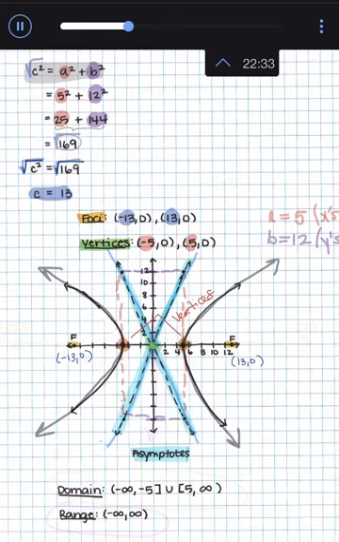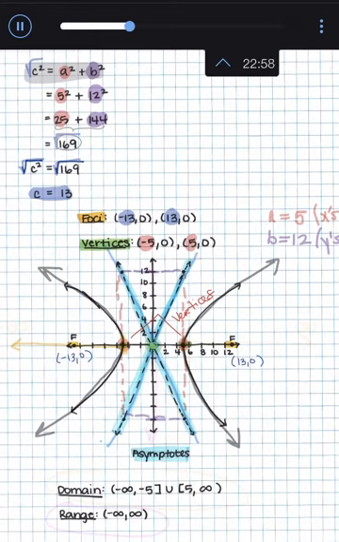So let's look at our graph and let's talk about its domain. Okay, its domain means that we're going to look at reading its x values from left to right and asking where is there a graph. Well, from left to right, notice that we have a graph that extends forever on the left, but it stops here at that first vertex.